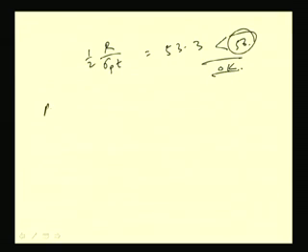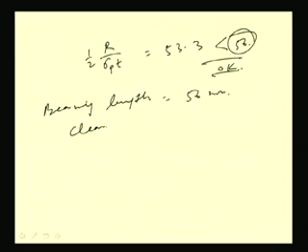So the bearing length in this case will be 56 mm, and provide a clearance of say 10 mm gap. So the length of the outstanding leg will be 56 plus 10, that is 66.